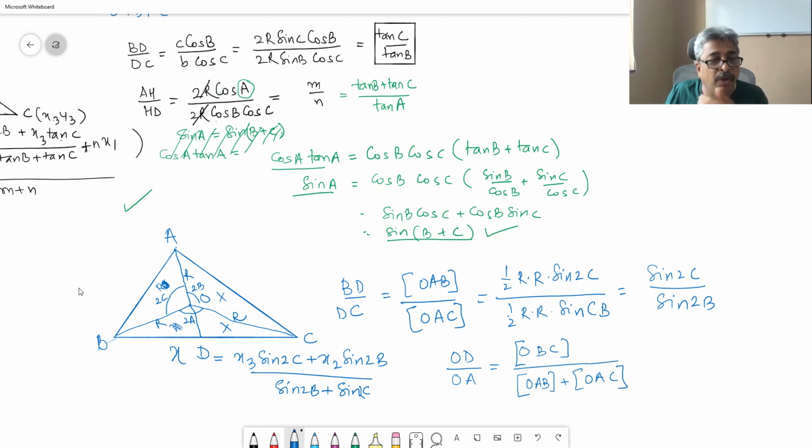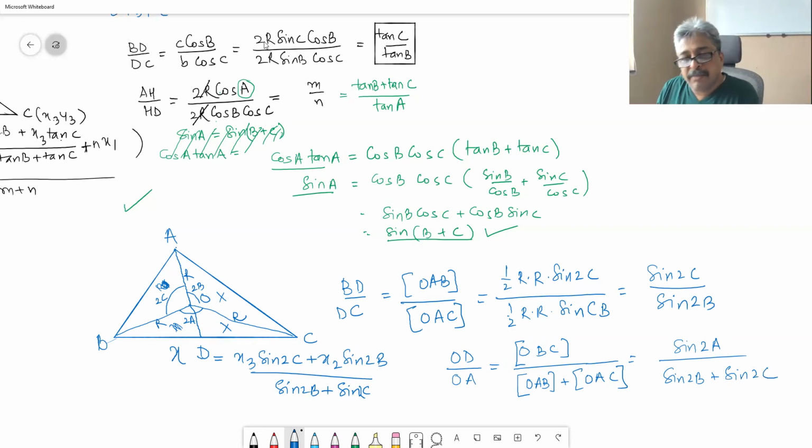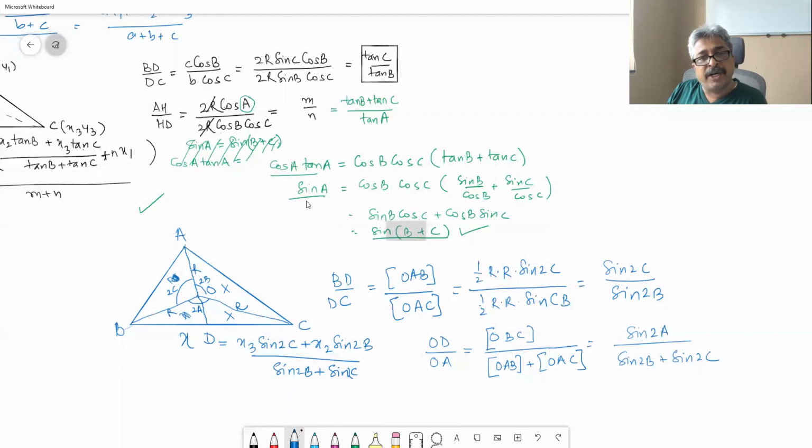Okay, area of OBC is now the same business here. Half R square will get cancelled, and therefore it will be sine 2A upon sine 2B plus sine 2C. I think it is clear now and very easy, and therefore the weightage for circumcenter is sine 2A, sine 2B, sine 2C.